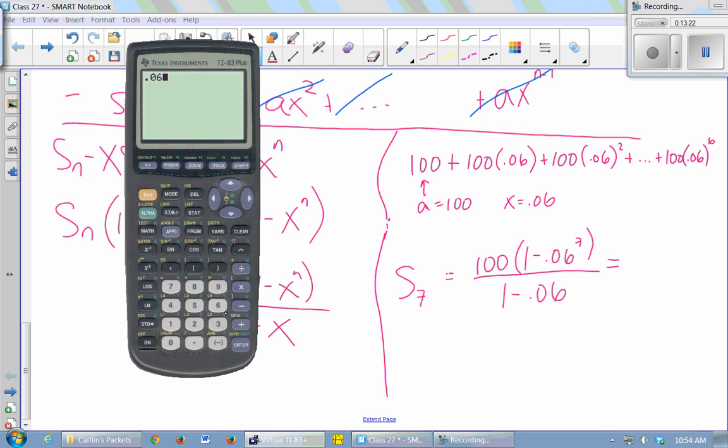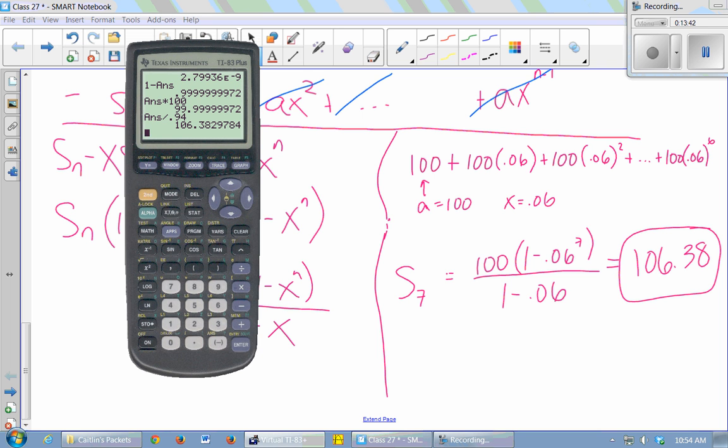So 0.06 to the 7th, 1 minus that, times 100, divided by 1 minus 0.06, which is 0.94, and I get 106.38. Same thing I got when I just added them.